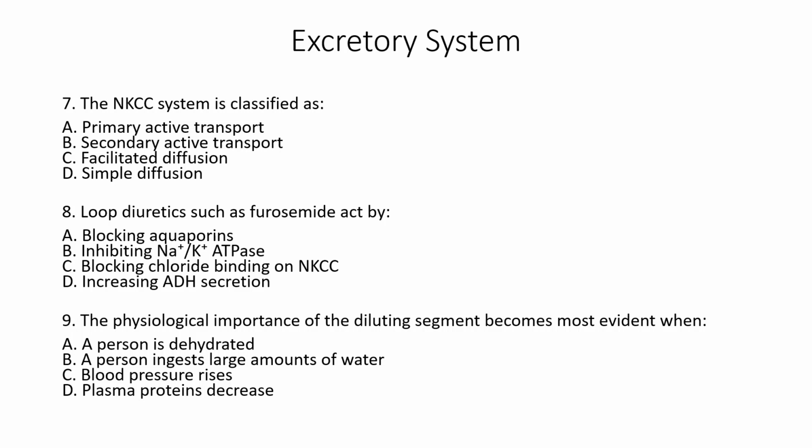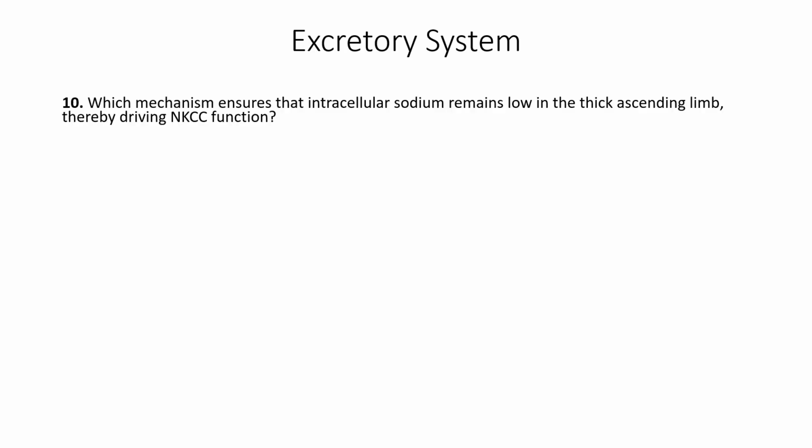So that's just one way of saying that the difference in the level of aquaporins between the concentrating segment and the diluting segment is very, very physiologically relevant. Okay, cool. All right. So again, coming back to this mechanism. So which mechanism ensures that intracellular sodium remains low in the ascending limb, which then drives NKCC function?